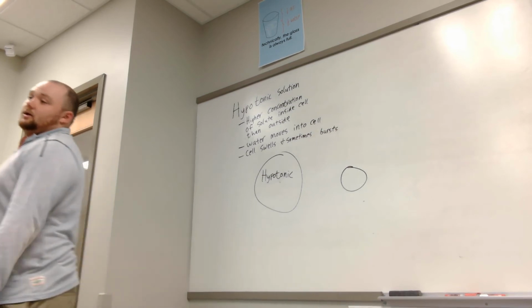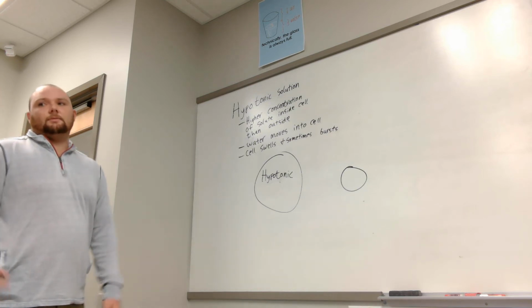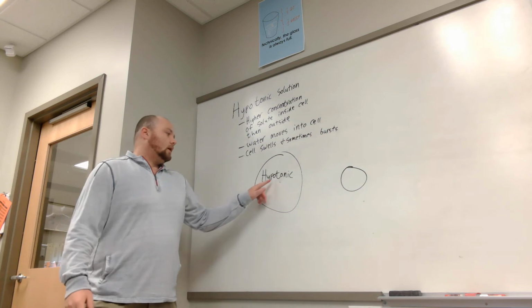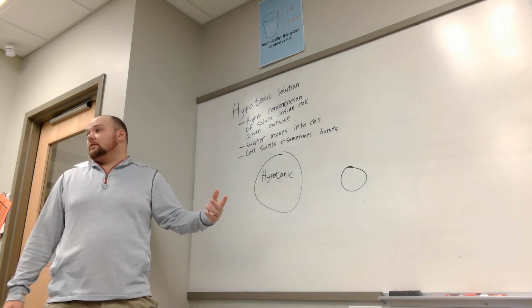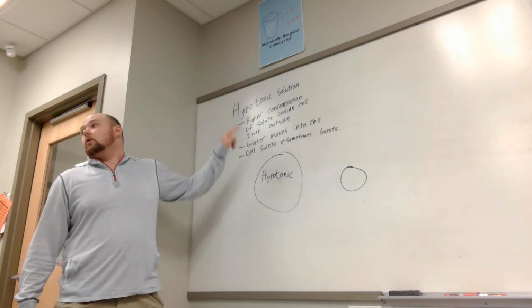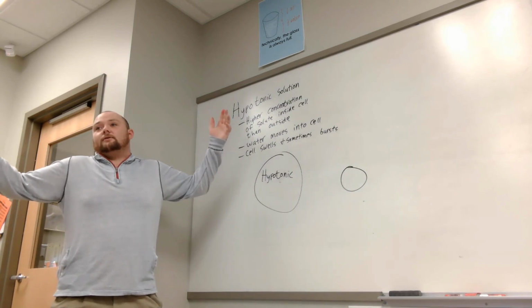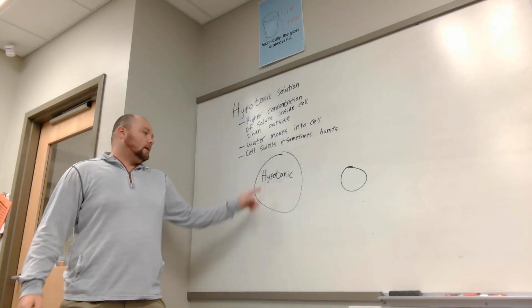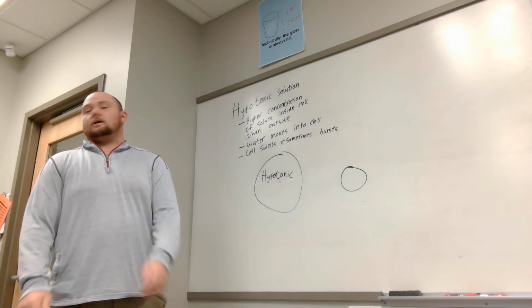One of the ways, and I don't know if this is going to help you at all, but this is just something that kind of helped me. It's stupid, but the way I remember the difference between hypotonic and the other one, hypertonic, is that hypo makes your cell look like an O, okay? Don't know why I remember it that way, but I do. Okay, hypo, basically just whoop, cell swells. Okay?